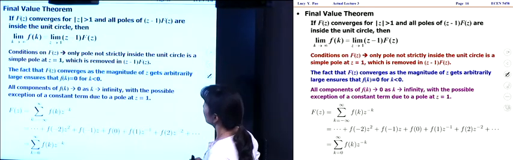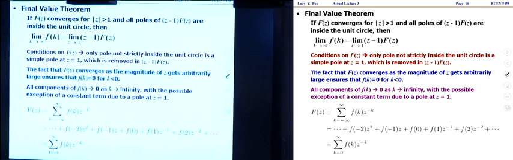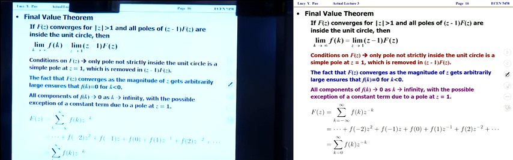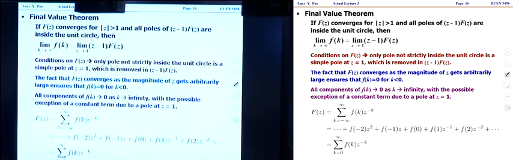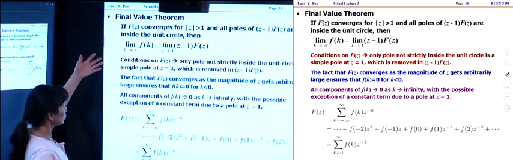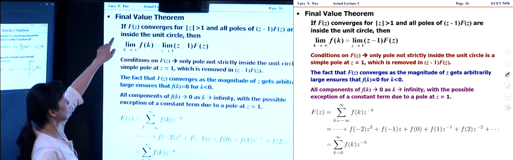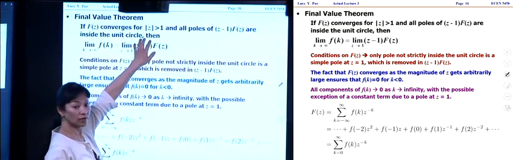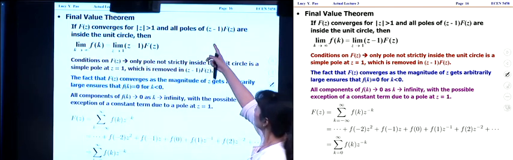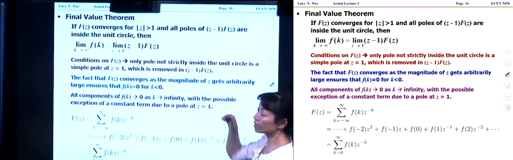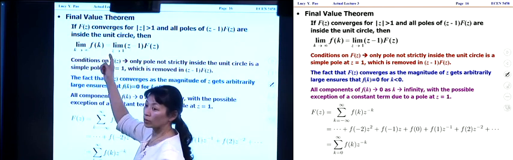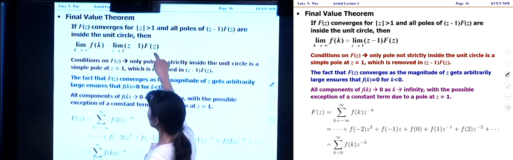Okay. And then one final property of importance, or final theorem, is called the final value theorem. There's a corresponding continuous time equivalent for Laplace transforms. For z transforms, the final value theorem states that if F of z converges everywhere outside the unit circle, and all the poles of z minus 1 times F of z are strictly inside the unit circle, then we can compute the final value of a time domain sequence directly from its z transform.